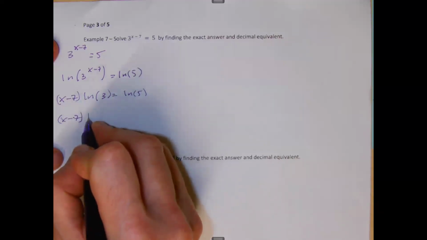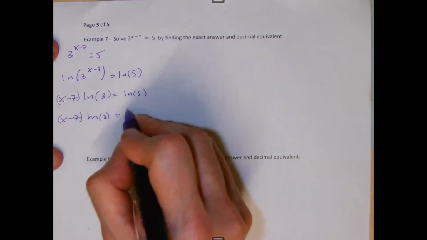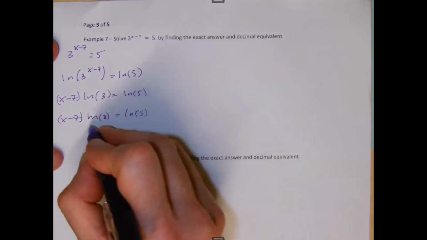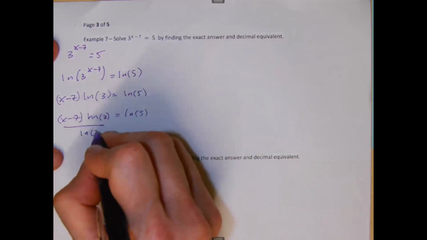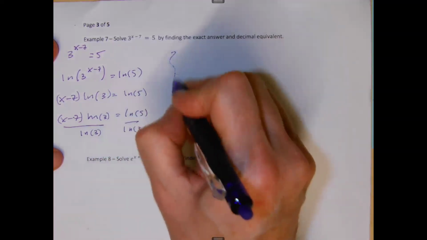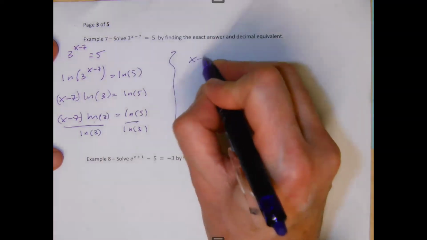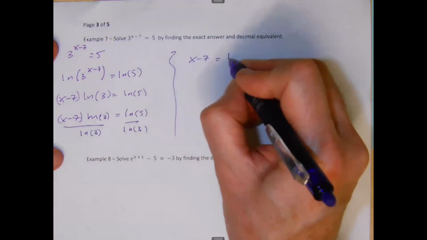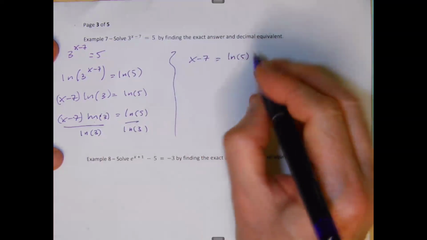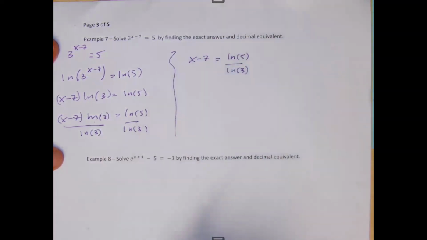So one thing I can do, I can either distribute or divide both sides by the natural log of 3. I'm going to decide to do this. It just keeps everything clean. As soon as I divide, that becomes 1, and on one side I have x minus 7, and on the other, the natural log of 5 divided by the natural log of 3.